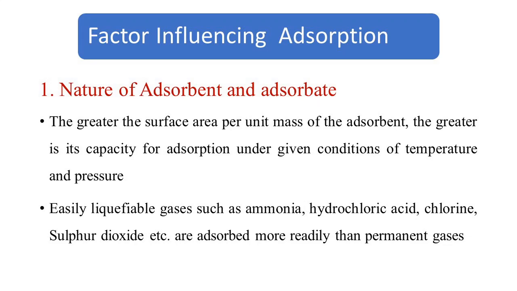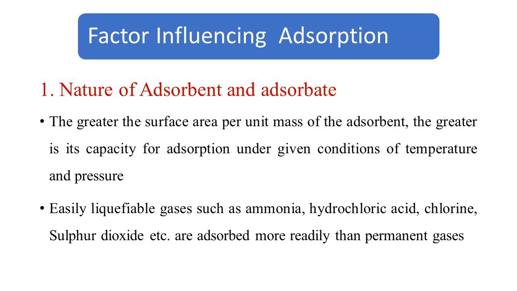Similarly, the extent of adsorption depends on the nature of adsorbate. We know that permanent gases like hydrogen, nitrogen and oxygen have very low critical temperature, whereas ammonia, hydrogen chloride, chlorine, sulfur dioxide have quite high critical temperature.